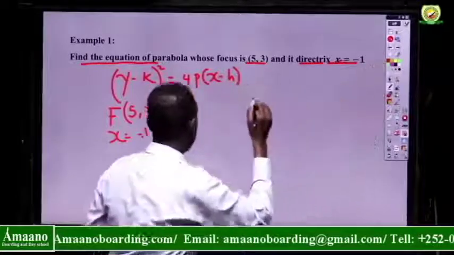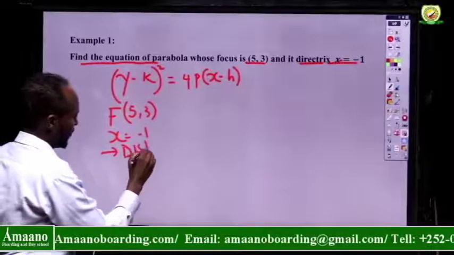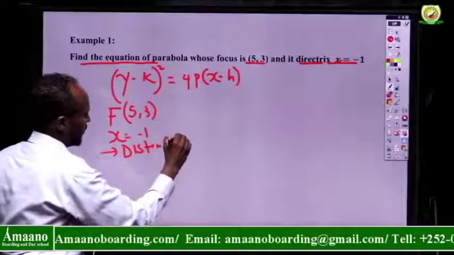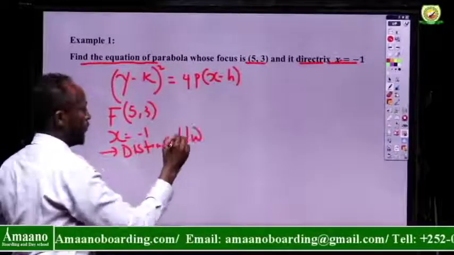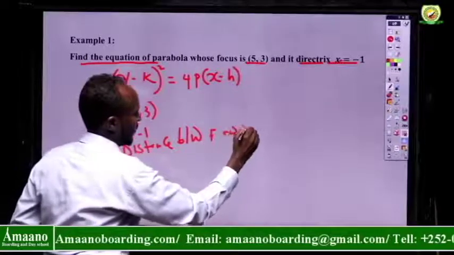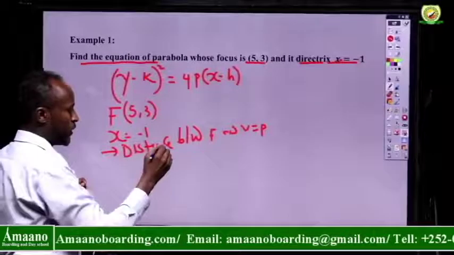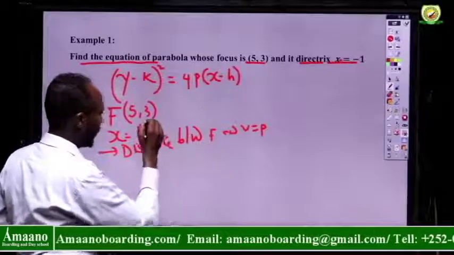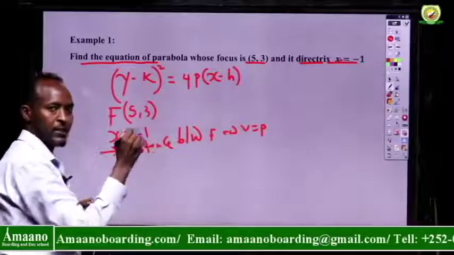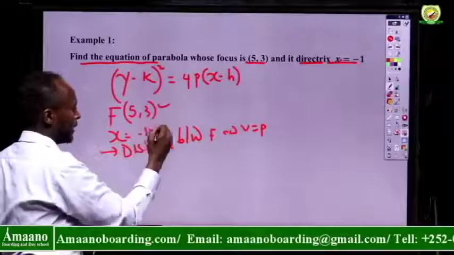It is known that the distance between the focus and the vertex is p. Also, the distance between the vertex and the directrix is always p. Therefore, in this case, we have the focus and the directrix.